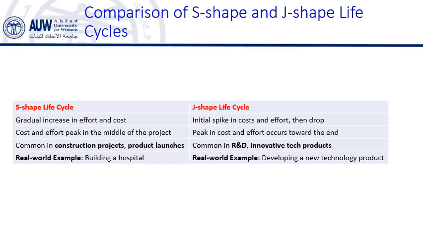So we can conclude that both life cycles help to manage expectations of stakeholders and allocate resources more effectively. By understanding whether your project follows an S-shape or a J-shape pattern, you can make informed decisions about project planning, team consideration, and risk management.